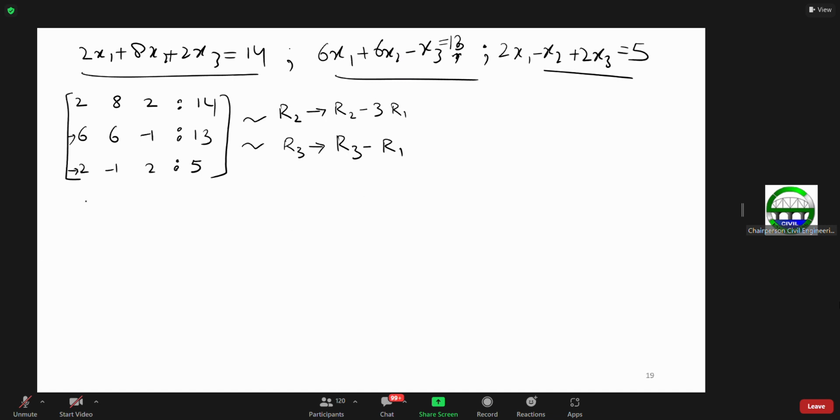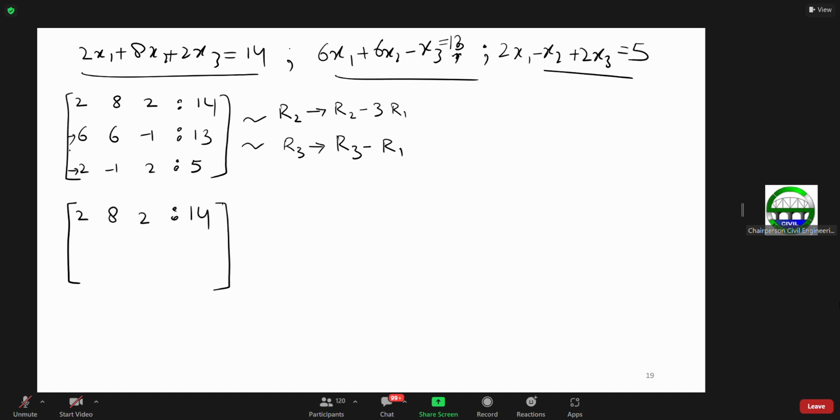Once you apply this rule, your matrix will be, after the first row with no change, 2 8 2 14.